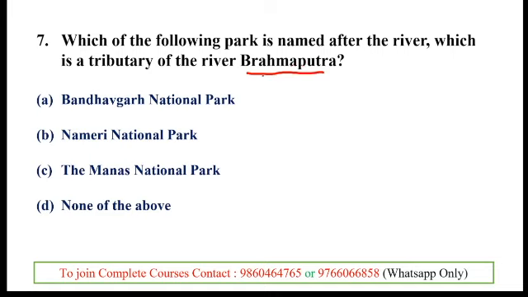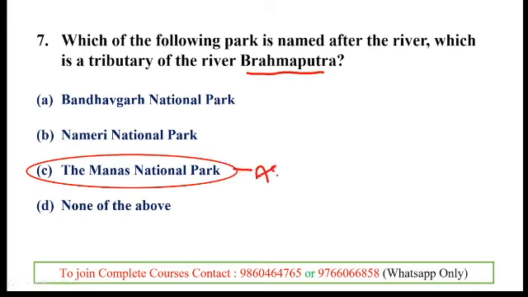Then the next question: which of the following parks is named after a tributary of the river Brahmaputra? That is none other than the Manas National Park. The Manas National Park is situated in Assam, and it is named after a tributary of the river Brahmaputra.